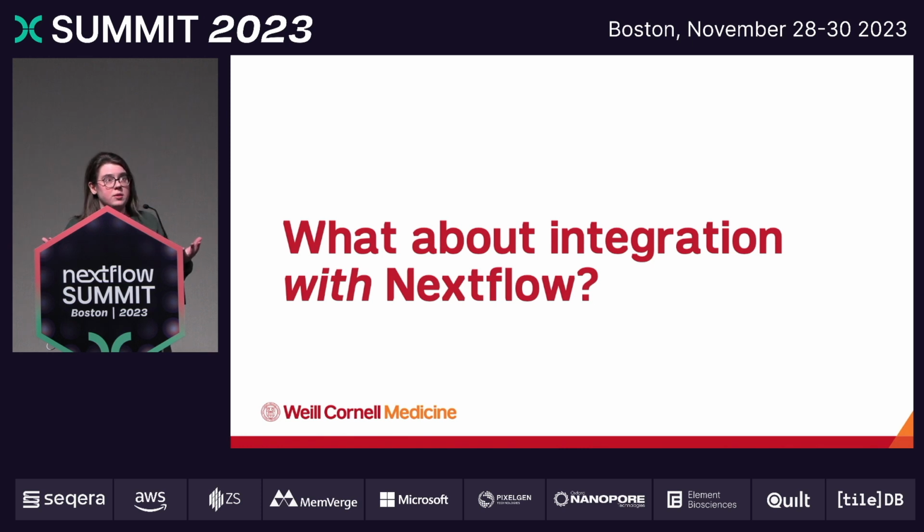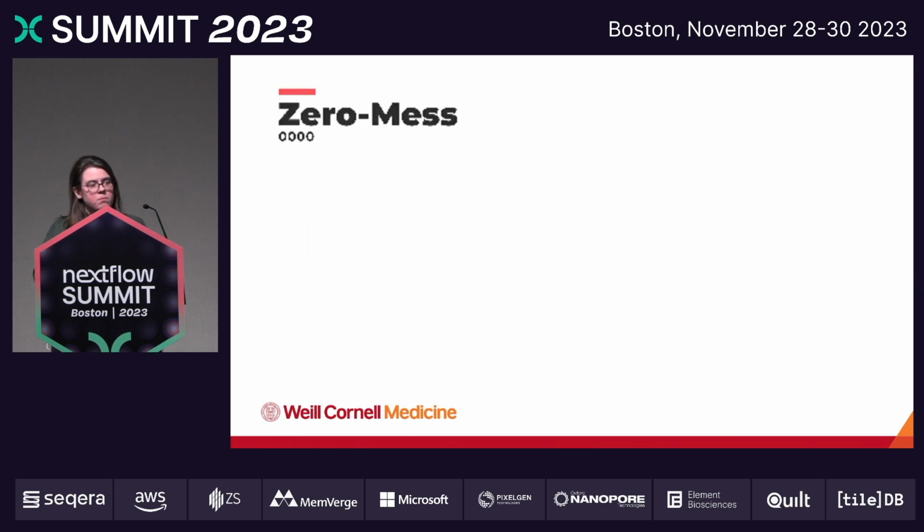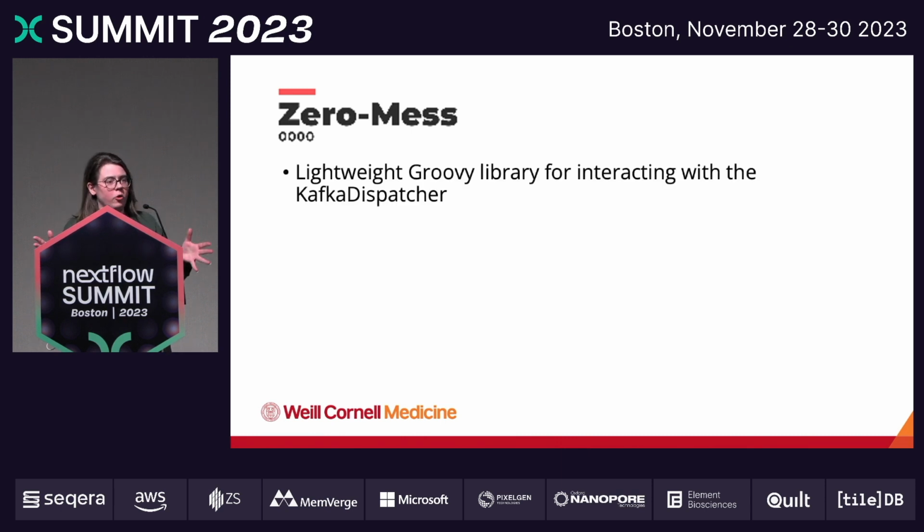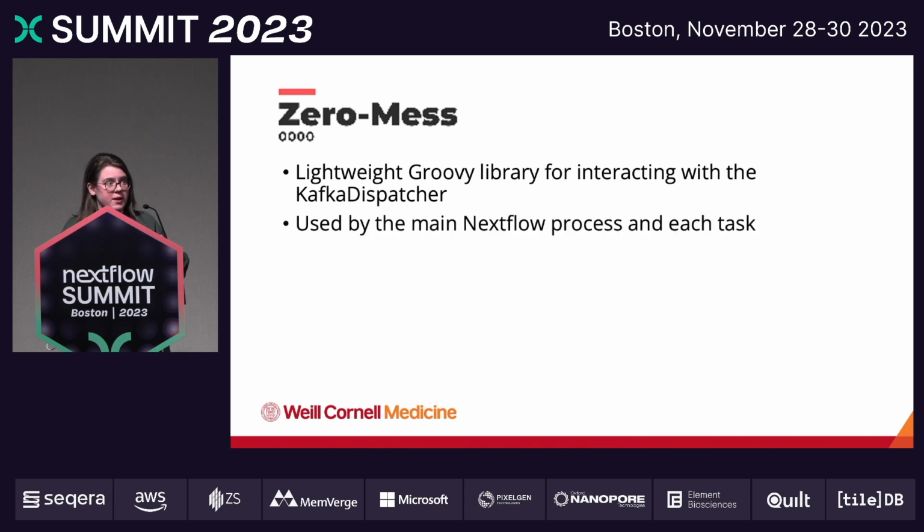There are plenty of ways to automatically start Nextflow, but what's special about this is that we want to think about integrating with Nextflow itself. So we created a little library, ZeroMess. It's a lightweight Groovy library for interacting specifically with our Kafka dispatcher. It's a jar that you drop into the lib directory, and it's used by both the main Nextflow process and each task on your nodes.